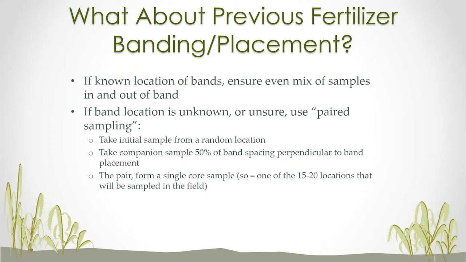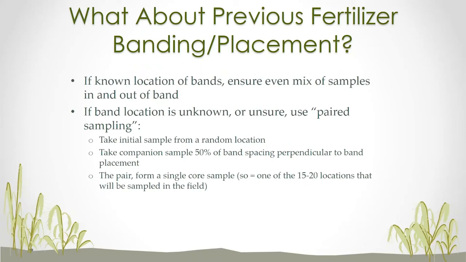So if the bands are running north-south, then I would take a random location, and then 50% of what I know that the band spacing was, I would take it perpendicular or east-west of that particular location. So I'm ensuring that I get this paired companion sampling, where I'm either without or nearly within at all given times where the band might be.